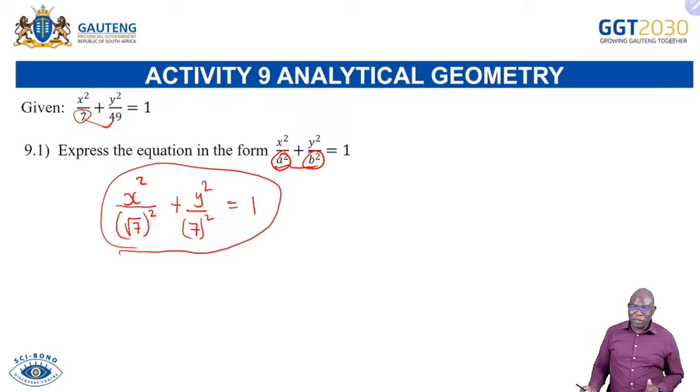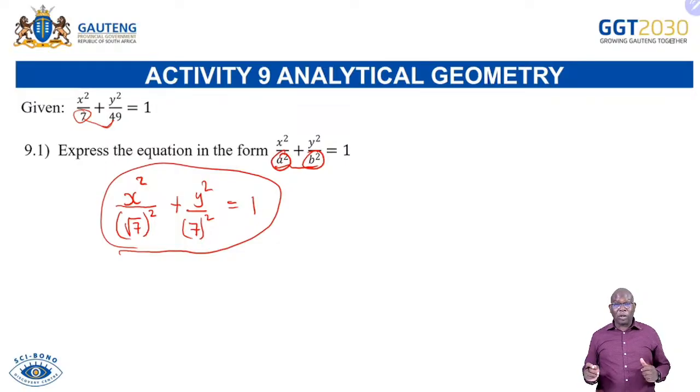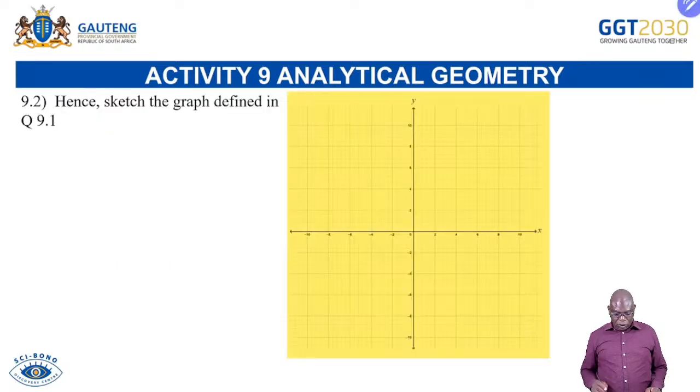So the trick here was the relationship between 7 and 49, because the square root of 7 is not the same as 7. When you draw the sketch, you realize that the 7 here and the square root of 7 are far apart. The square root of 7, as I said, is 2 comma, just below 3. Let's go to the sketch.